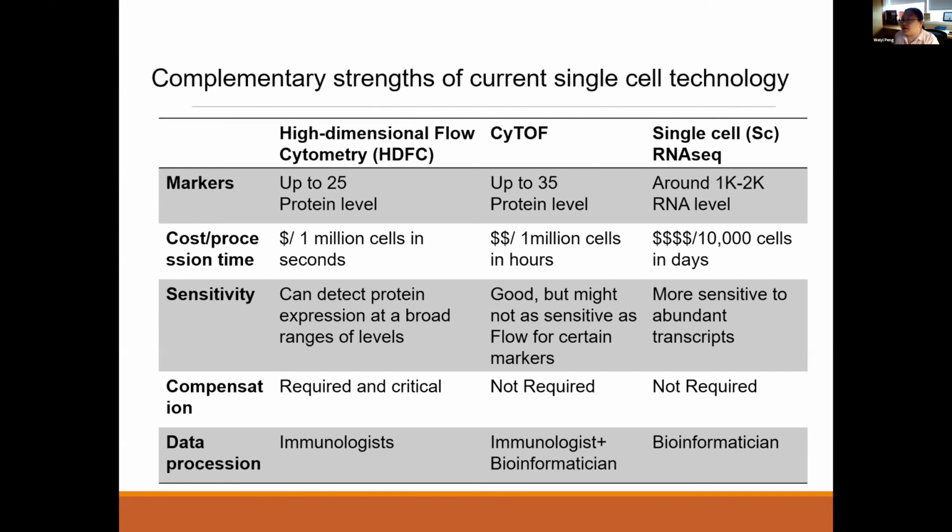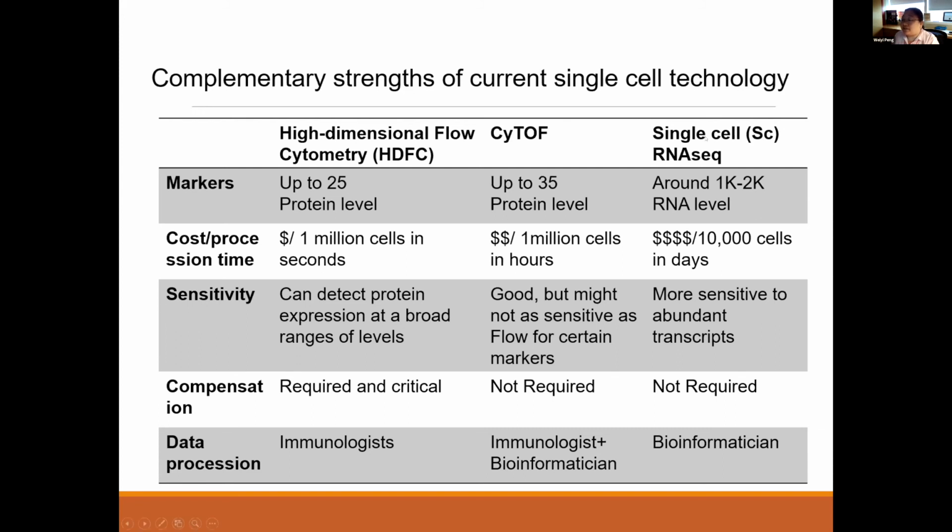For the sensitivities, high dimensional flow cytometry can detect protein expression over a broader range of levels. CyTOF is good, but might not be as sensitive as flow for certain markers.